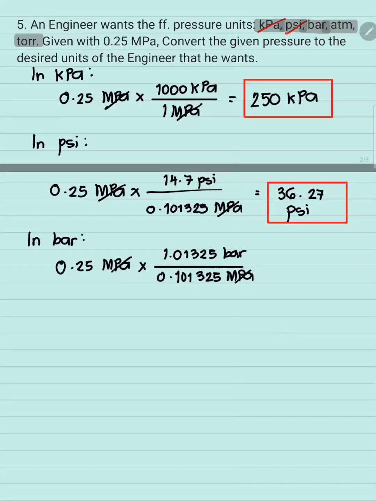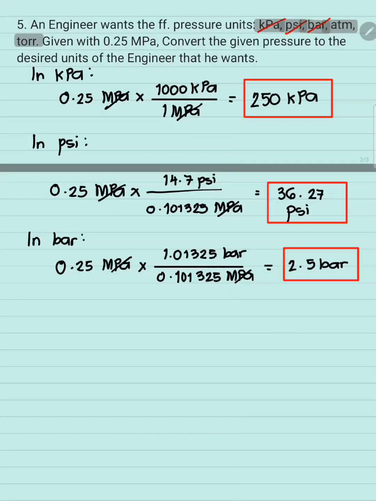Cancel megapascal units, and we get 2.5 bar. This is expressed as 0.25 multiplied by 1.01325 divided by 0.101325. That is our answer for bar.